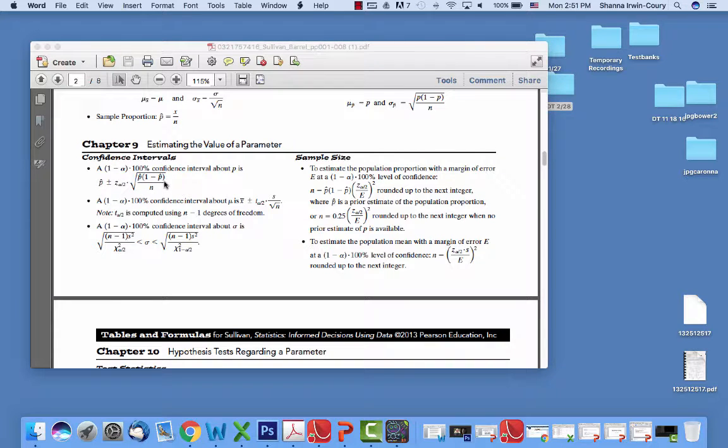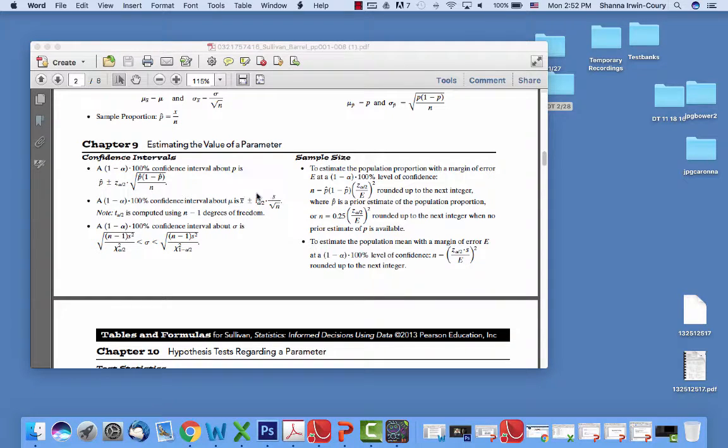That's what it always is. P plus or minus z times the standard error, or x bar plus or minus z times the standard error. You always start with your expected value, which is a proportion or a mean, and then add or subtract the z-score times the standard error. Standard error for proportion is this one. Standard error for a mean is this one.